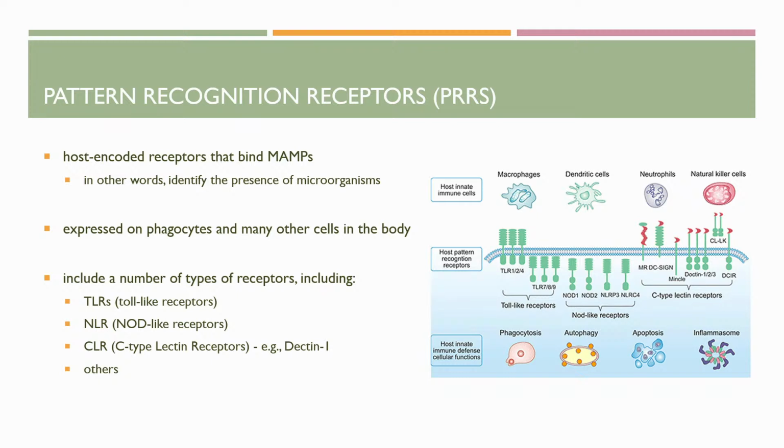So there's three types essentially that you might see in figures, and they're TLRs, NLRs, and CLRs. But what you should know is that these receptors are expressed on the host cells. They also can be expressed by macrophages as well, and they recognize those patterns that are on the microbes.